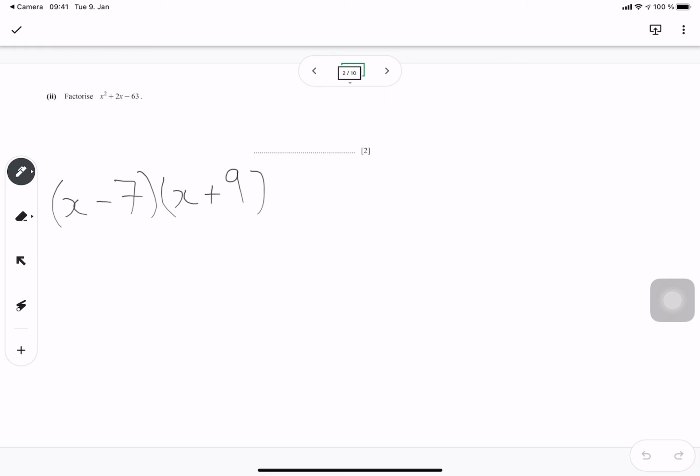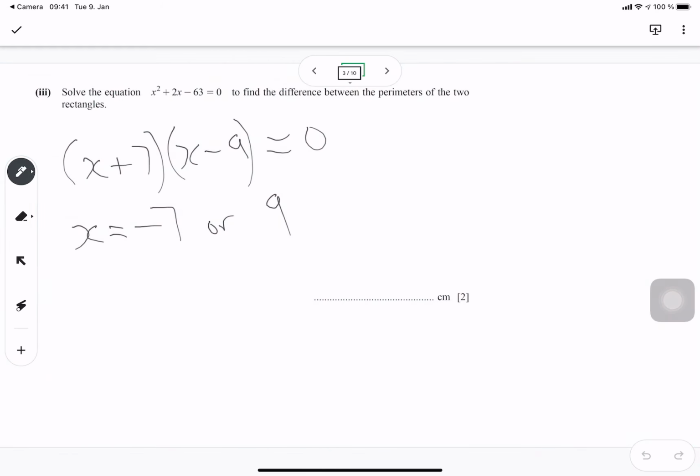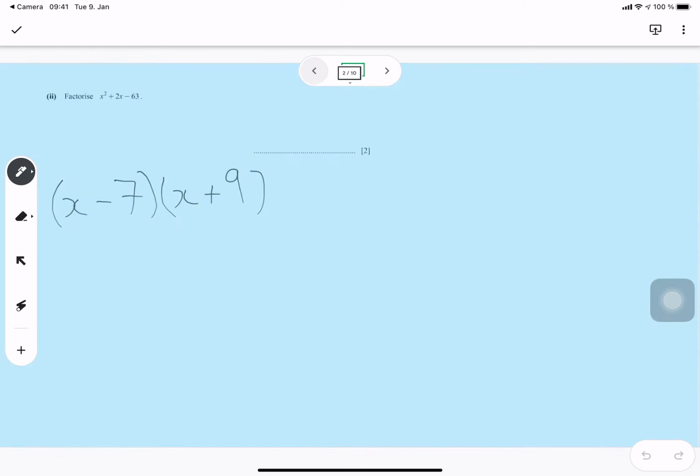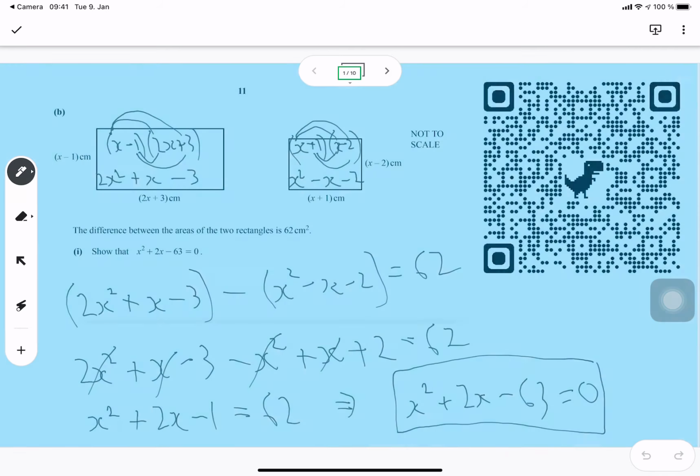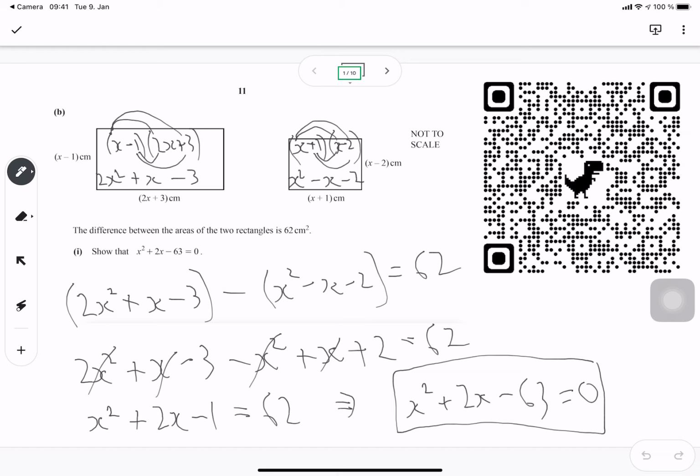So the first rectangle, if I substitute those values in, I put 7 in, sorry, minus 7 in.